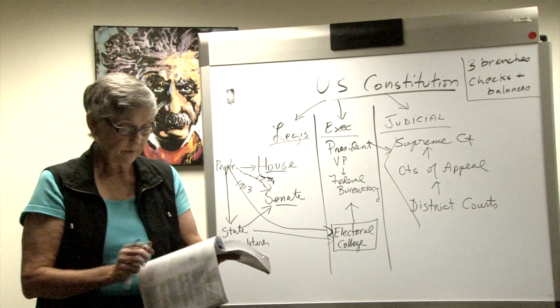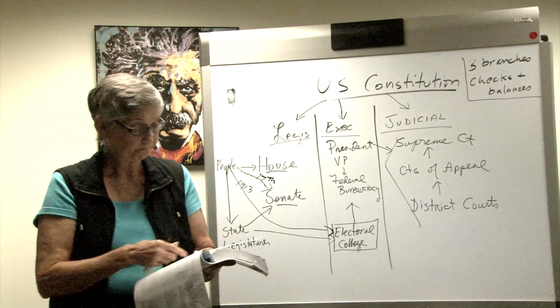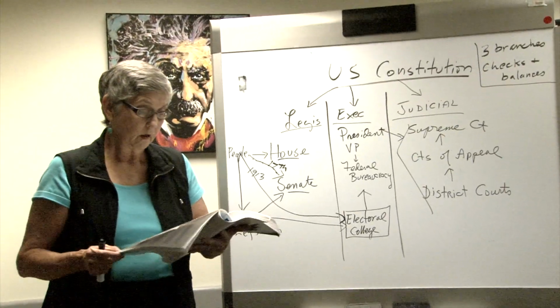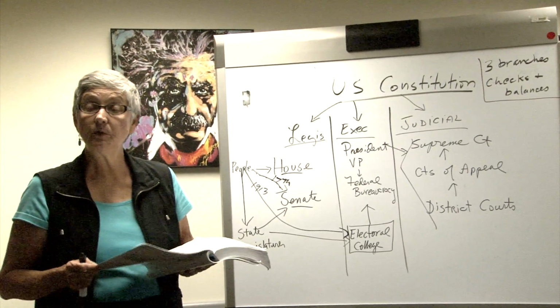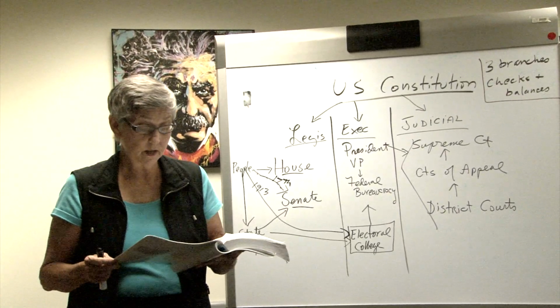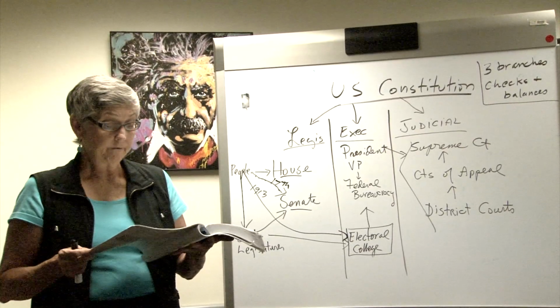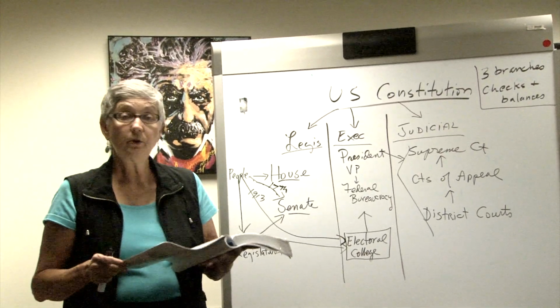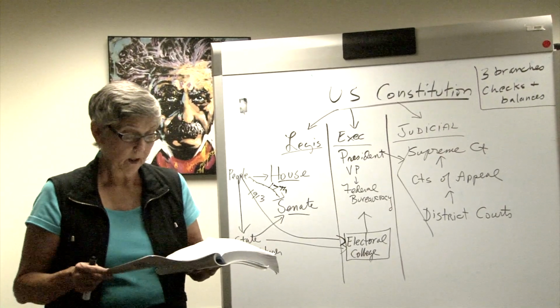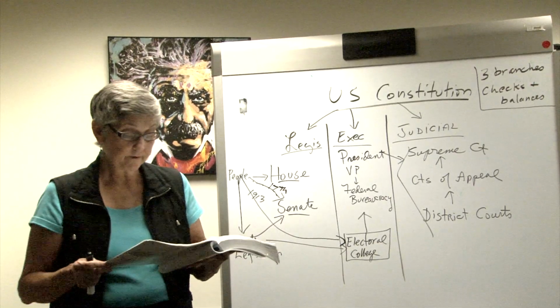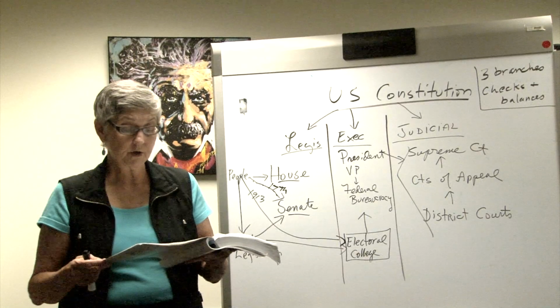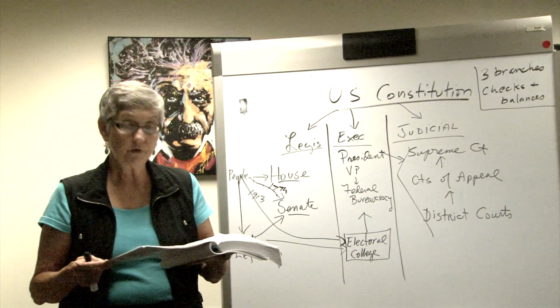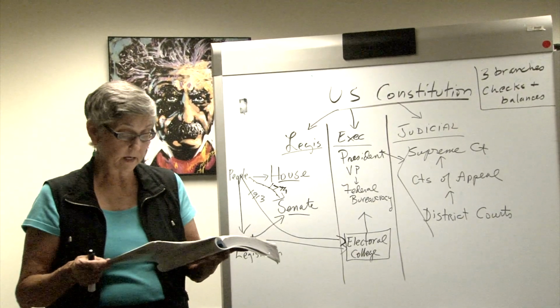Okay, back to the body of the Constitution, Article 2. The president receives for his services a compensation, which is $400,000 a year. Then there's the oath of office, and then the duties and powers of the president. The president is commander-in-chief of the Army and Navy of the United States and the militia of the several states when called into the actual service of the United States.